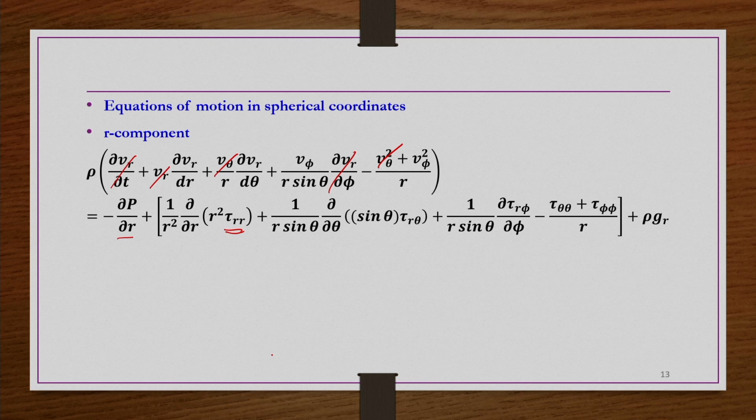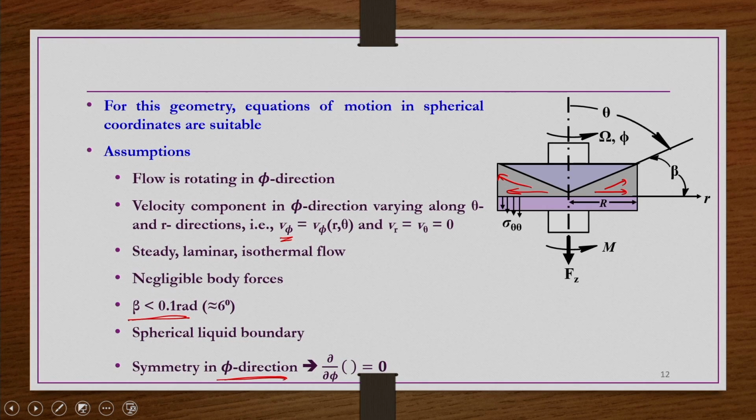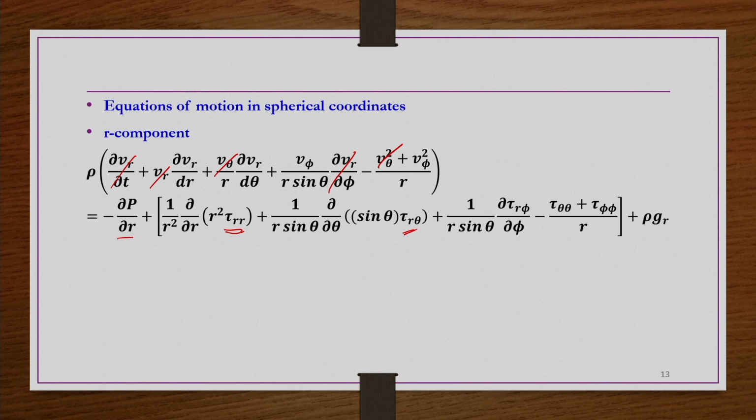Okay. So which component of shear stress exists in this slide? From the previous slide, the rotation in the phi direction is there. So then only the tau theta phi component of shear stress exists, other components of shear stress do not exist. Okay. So that is the constraint. Because of that, this is anyway 0.